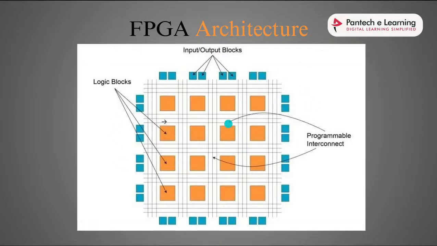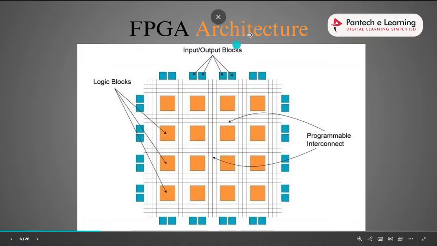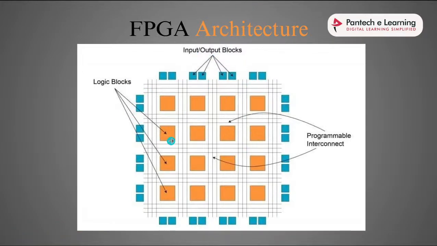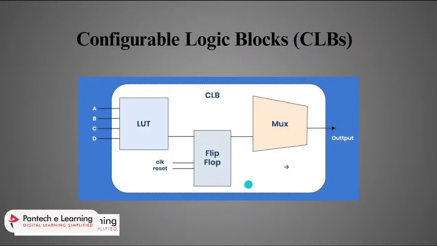So we have the CLBs, the configurable logic blocks, and the programmable interconnect, like wires. Inside the CLBs there are the lookup table, mux, flip-flops, and then clock and reset. These components are inside the CLBs.